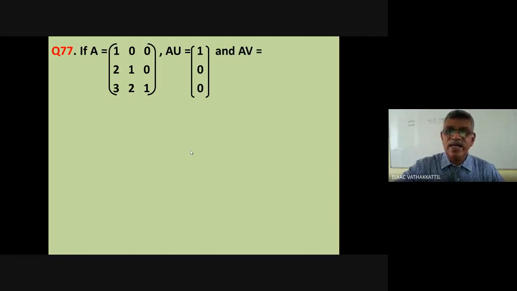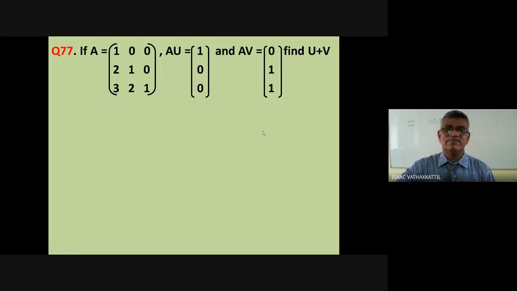Okay? And AB, again given as another matrix, [0, 1, 0]. That's again a 3 by 1 matrix, 3 rows, 1 column. Find U plus B. You are asked to find U plus B. Here U and B are matrices, and you have to bring out their orders.